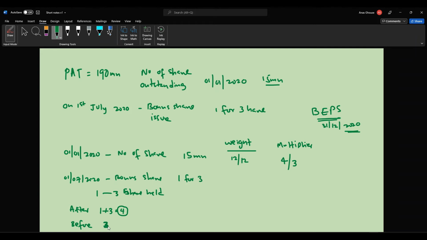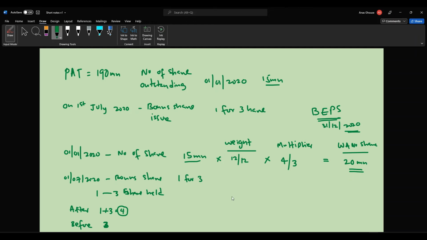So your weighted average number of shares will be 15 million times 12 divided by 12 times 4 divided by 3. That will be 20 million. This will be the weighted average number of shares.